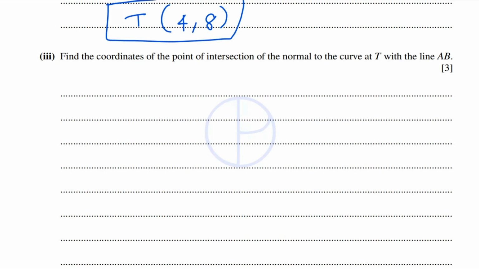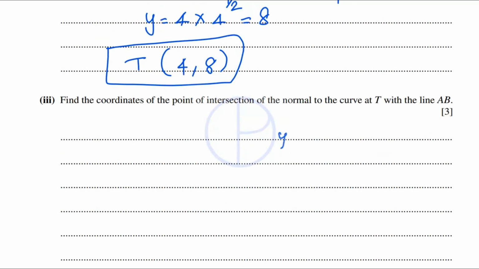So we have to first find the equation of the normal to the curve at T. From the equation of the line AB, y is equal to x plus 3, we can write the equation of the normal as y is equal to, the gradient is the negative reciprocal of the gradient of the line AB, so minus x plus c.